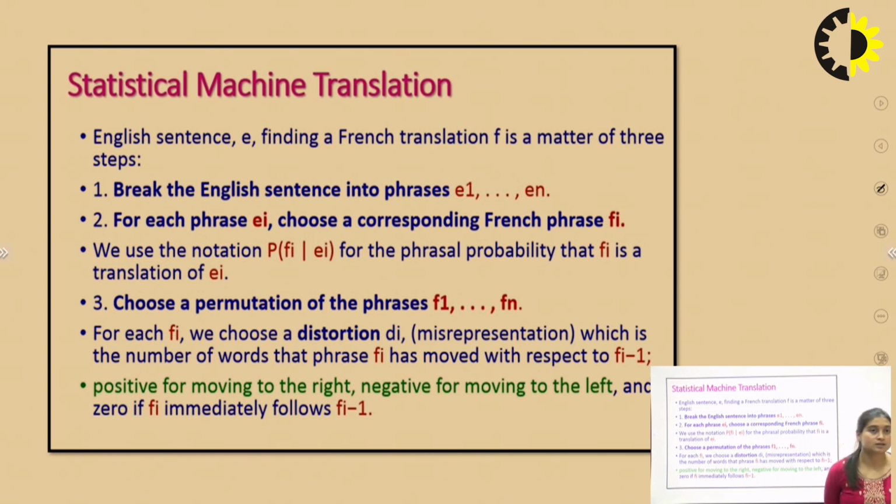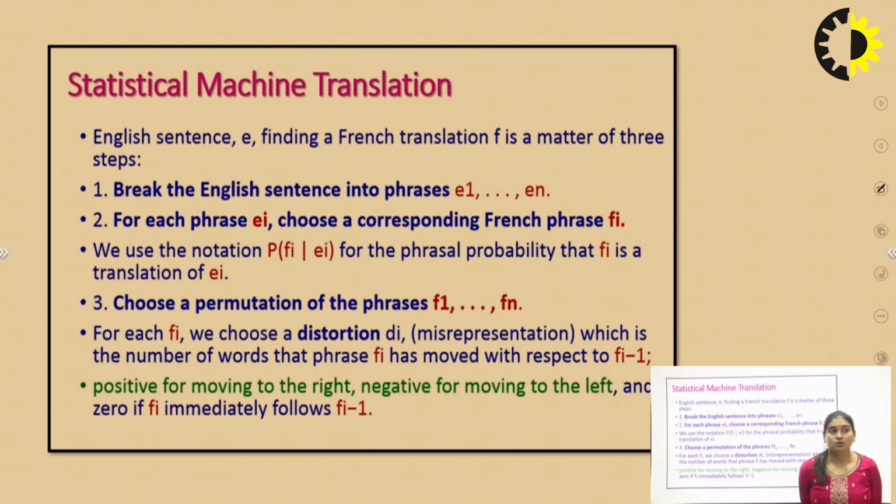Let's suppose that there is an English sentence E, and we are finding a French translation F. The English sentence is represented by E, and we want to find a French translation, that is F. It's a matter of 3 steps. First, we break the English sentence into phrases, that is E1 to En, and then for each phrase Ei, we choose a corresponding French phrase, that is Fi.